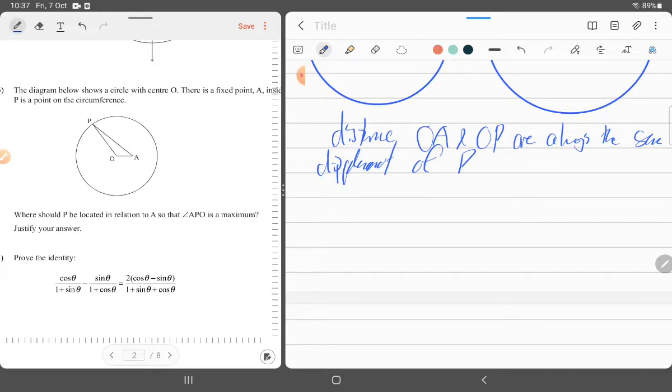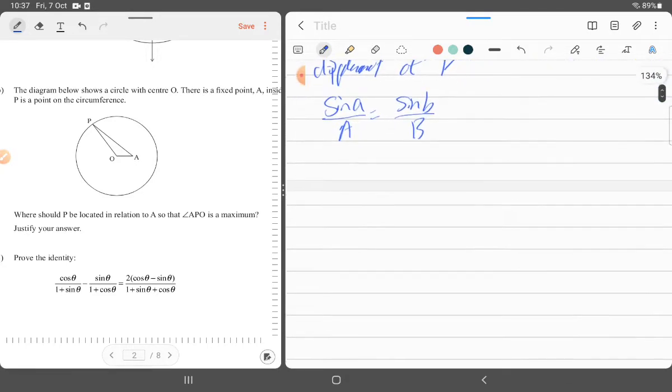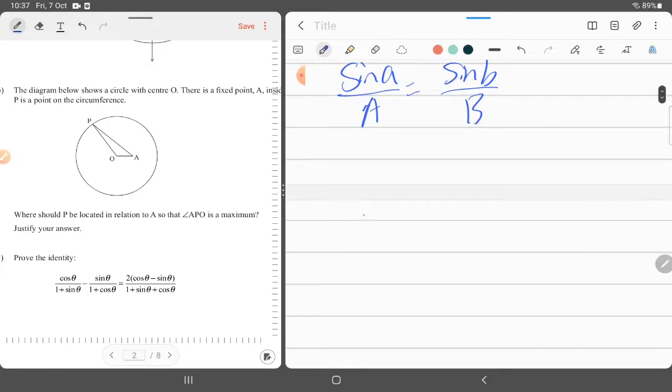So from this we can use the sine rule: sine A over A is equal to sine B over B. So this is here, and this distance here, and OP is here.